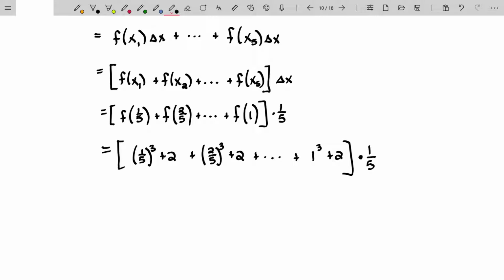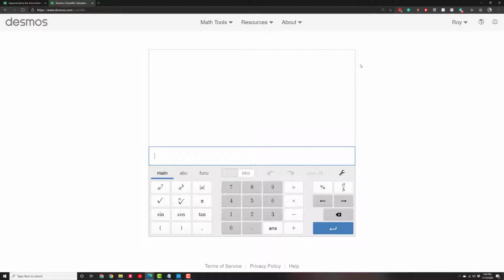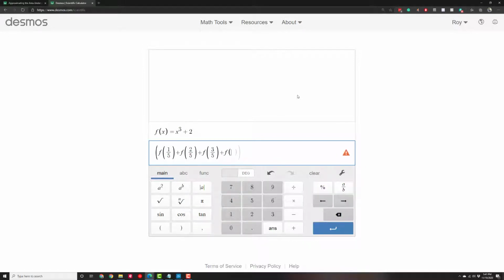And this time I am actually going to show you how I would use Desmos for something like this. So right now I'm in Desmos' scientific calculator. I would probably just say f of x is equal to x cubed plus 2, just to set the function. And then remember, it was the quantity f of 1/5 plus f of 2/5 plus f of 3/5 plus f of 4/5, and then finally plus f of 1.